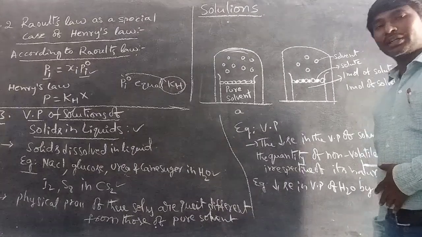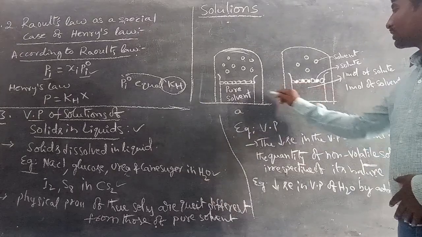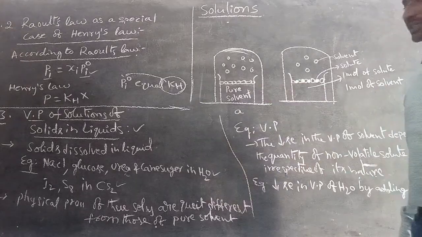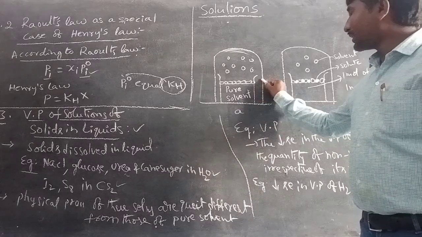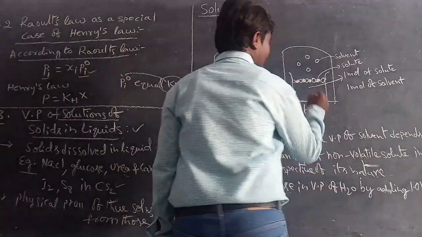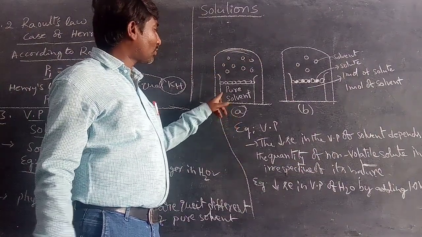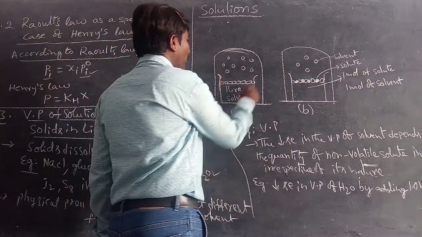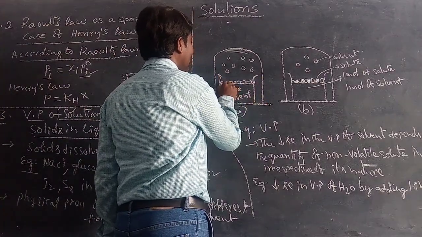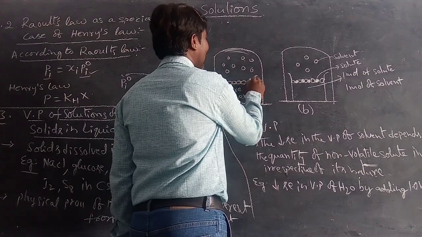For example, we take two closed vessels, A and B. Vessel A contains only pure solvent, which may be volatile.